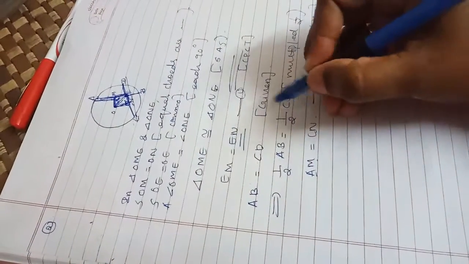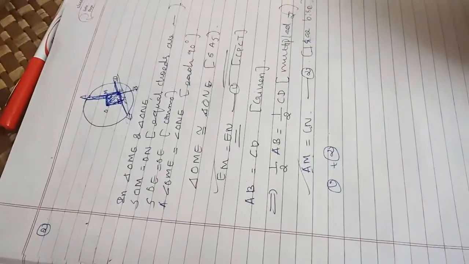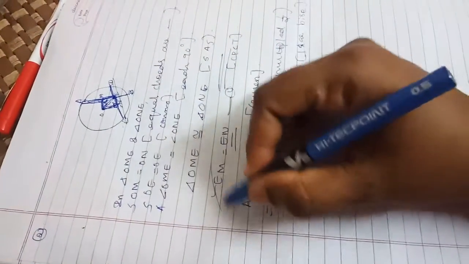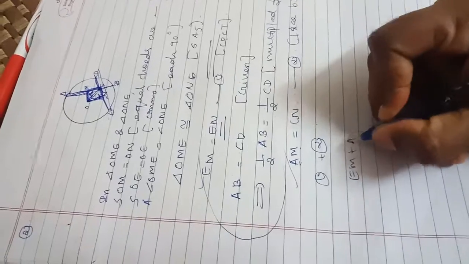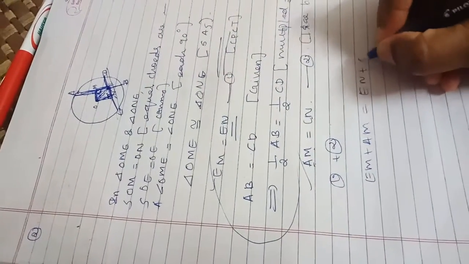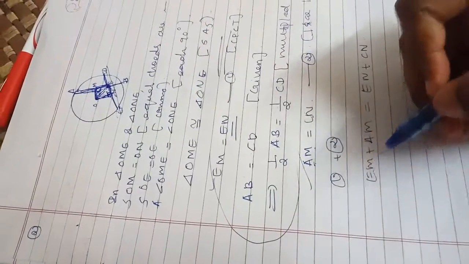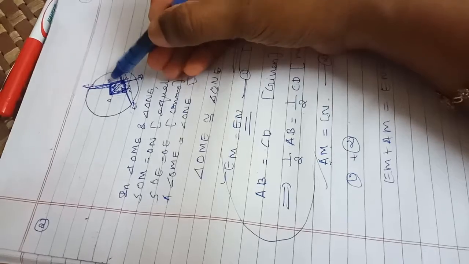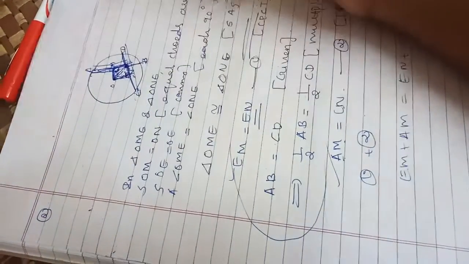Now we go to the equations. This is equation number 1, this is equation number 2. Now I am adding equation 1 plus 2. On the left hand side, adding EM plus AM is equal to EN plus CN. EM plus AM, we will get AE, correct?